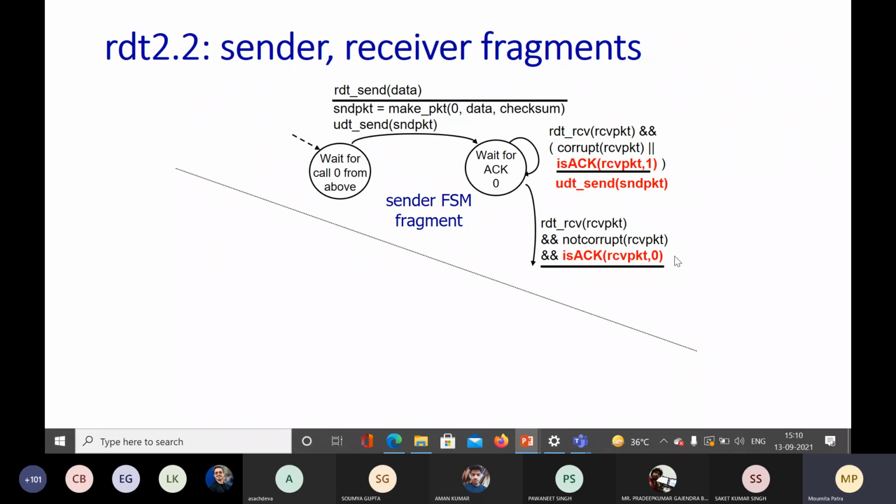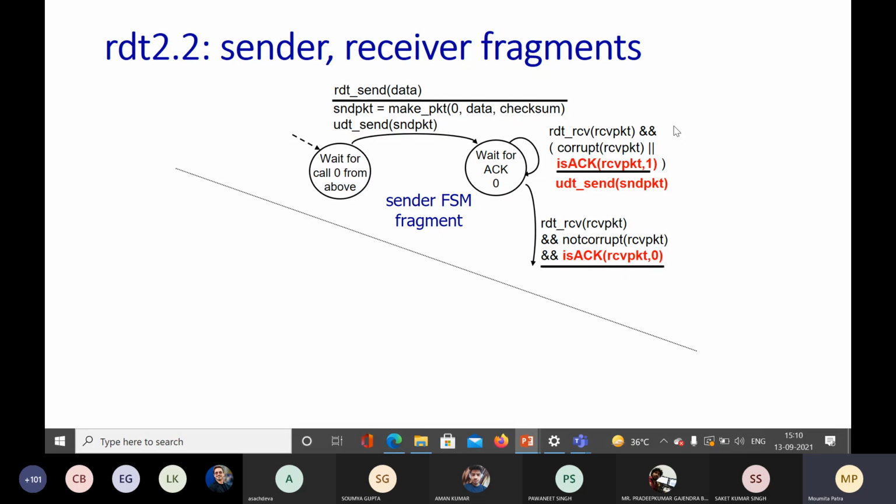So once it gets that acknowledgement with the same sequence number, then everything is fine. It will go to the next state, that is, it will now wait for call for packet number 1 from above. Okay. So you can make out what will happen after this. This is what happens when something good goes on, that means no error is there in the packet.